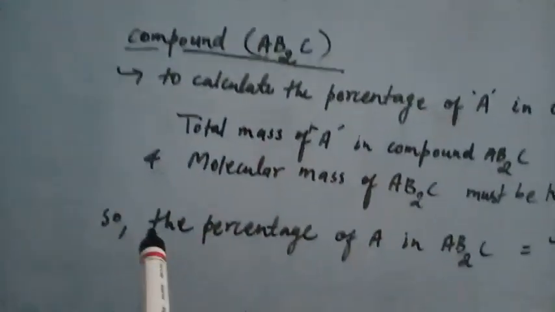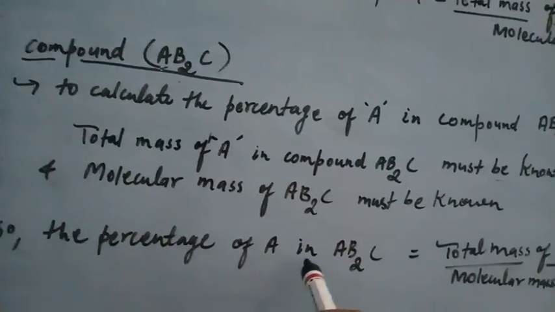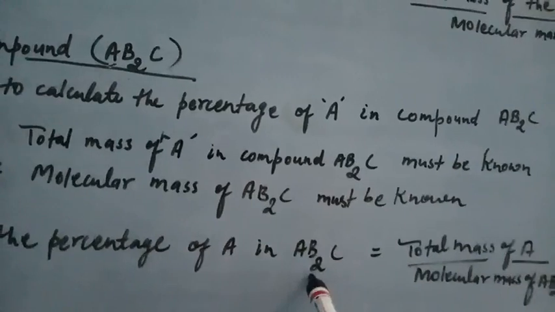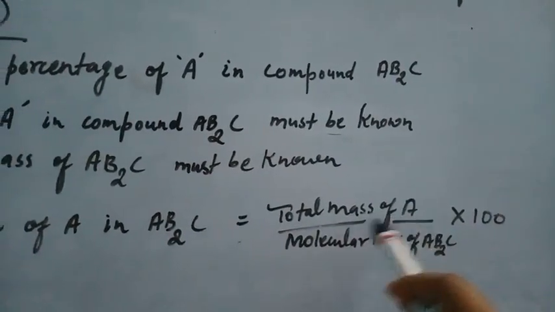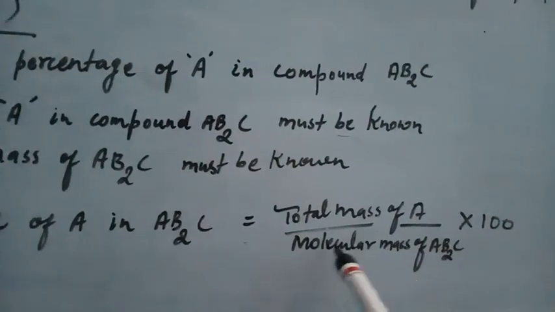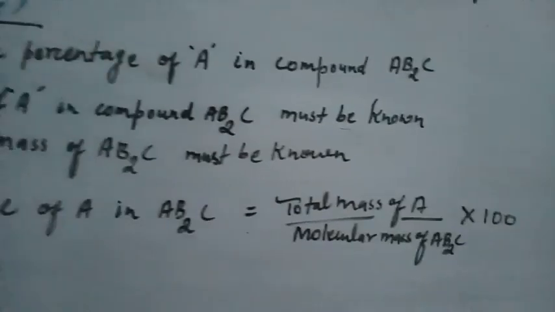Then we can write: percentage of A in the compound AB2C is equal to total mass of A divided by molecular mass of compound AB2C into 100.